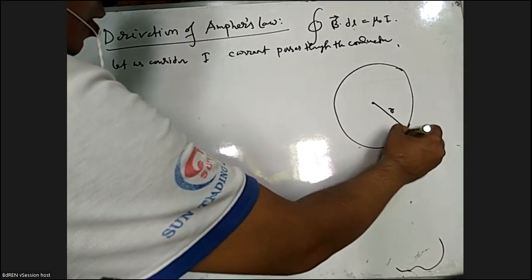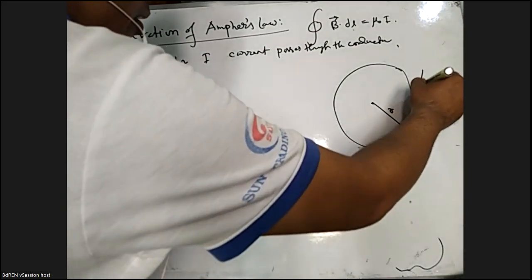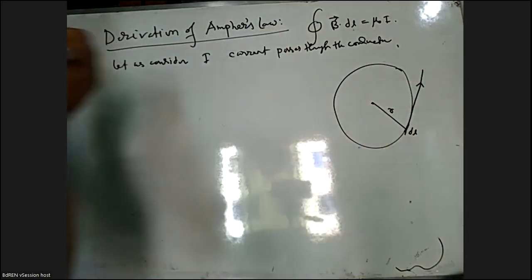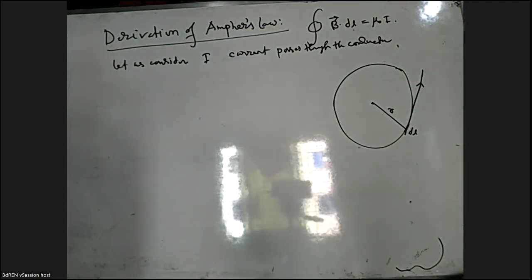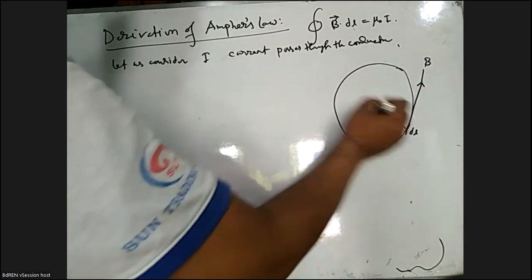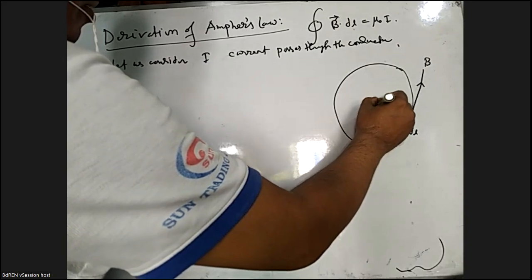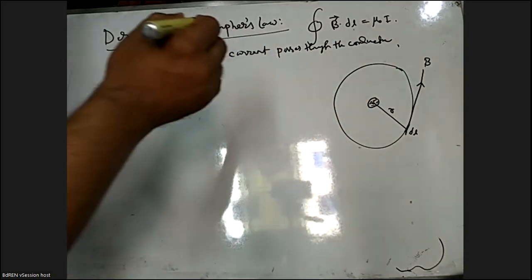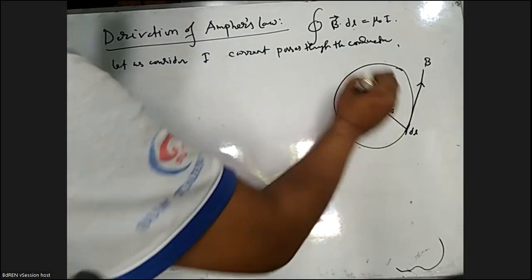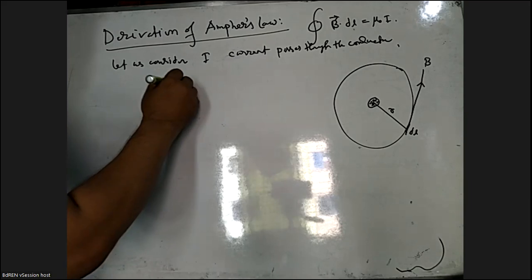If we take a small length dl, and the charge amount is q, then due to this dl a centripetal force will be created, and the magnetic field will be B. Now there will be a torque.